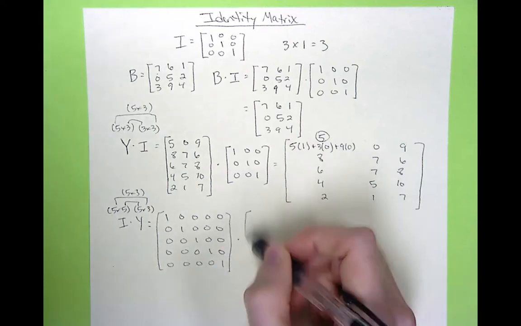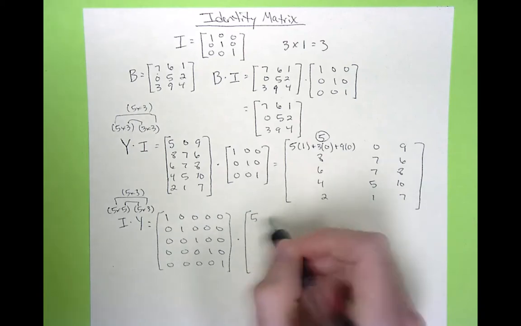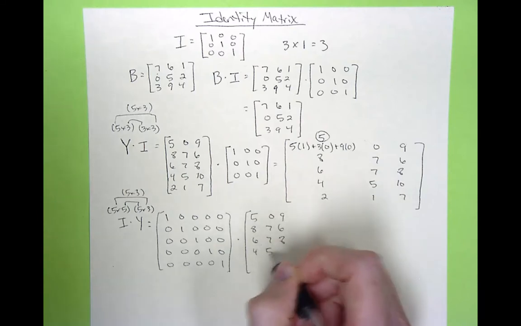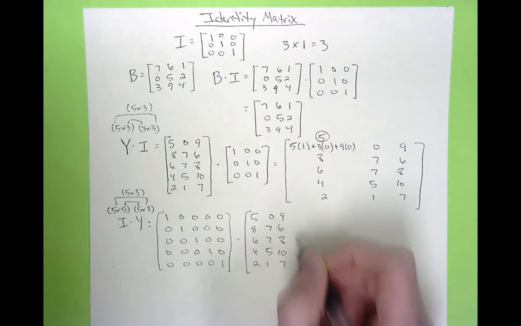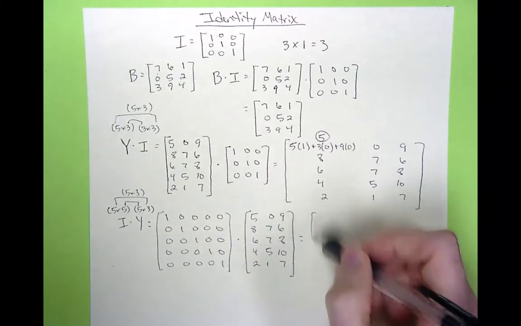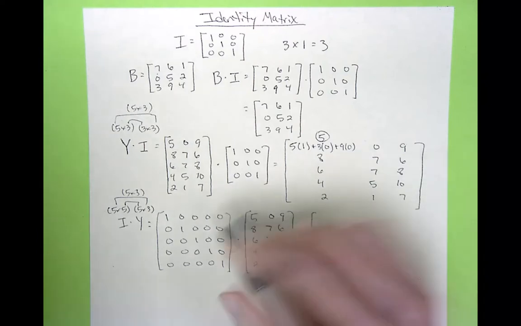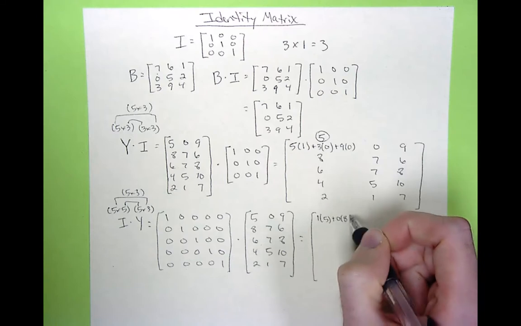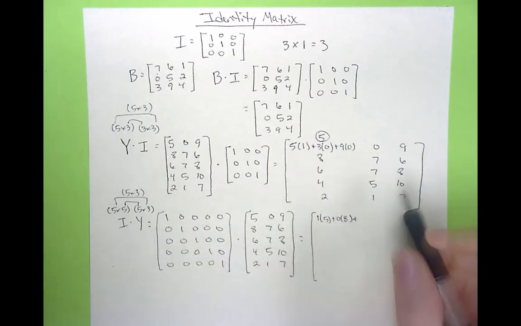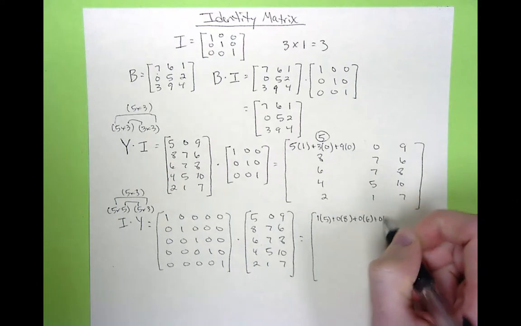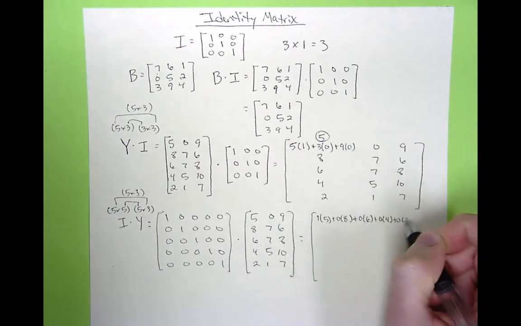We're going to multiply this by Y. And what do we get? 1 times 5 plus 0 times 8 plus 0 times 6 plus 0 times 4 plus 0 times 2.